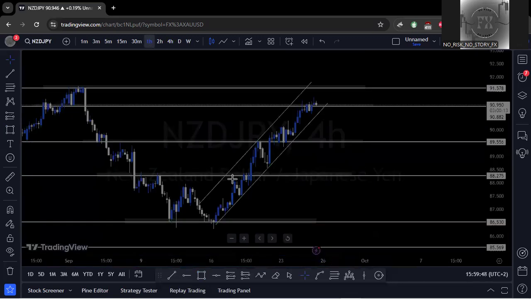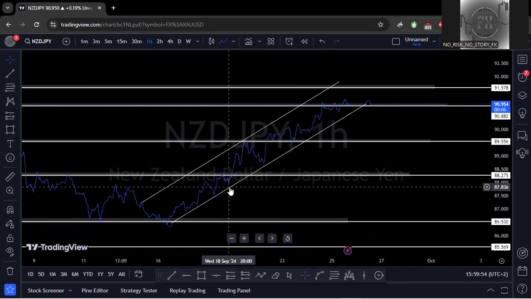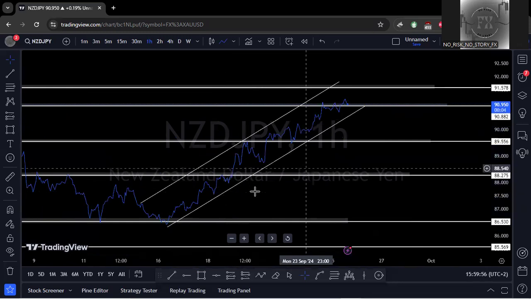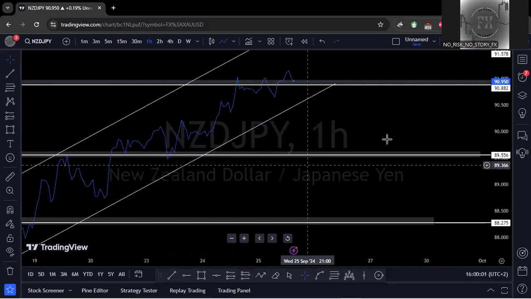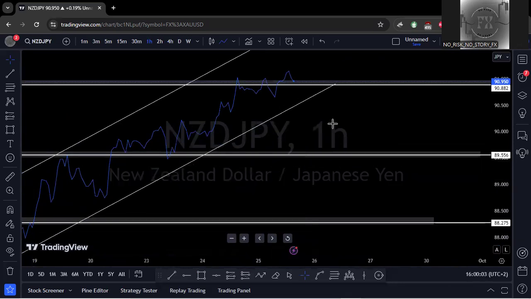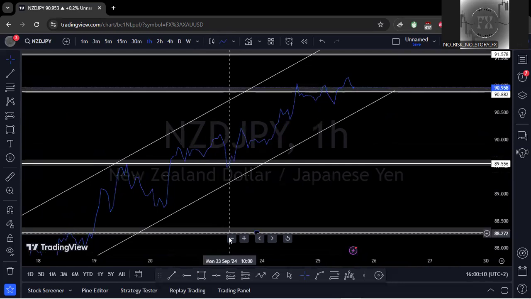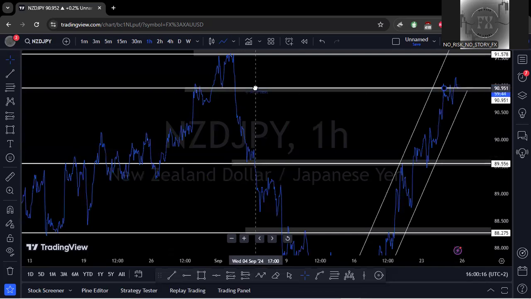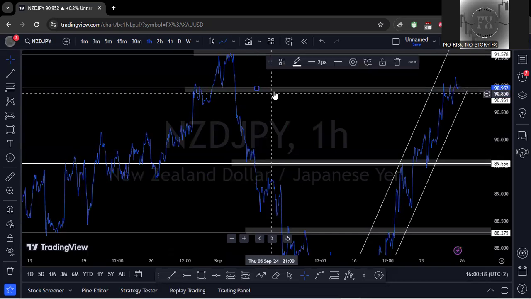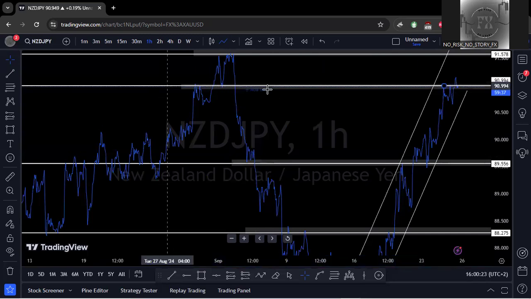To go to my 1 hour time frame line chart. Let me place this one somewhere around here. Something happening here.